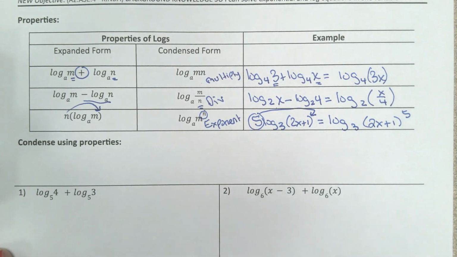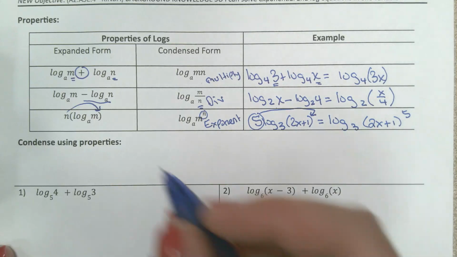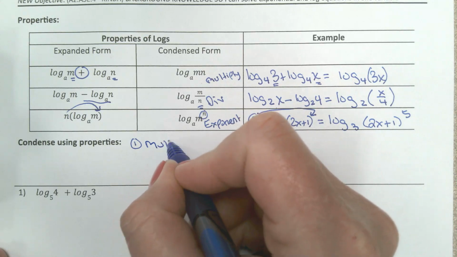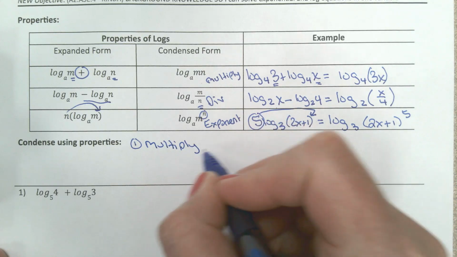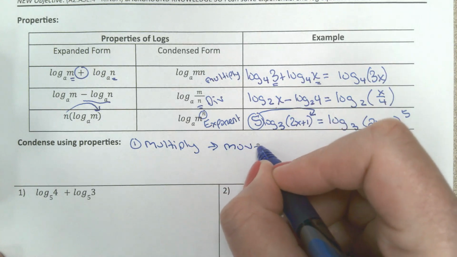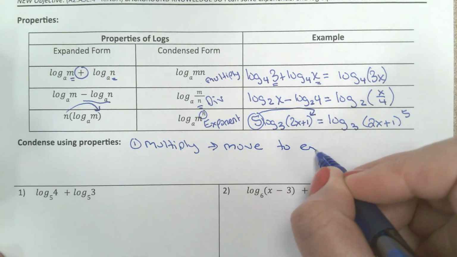So when you condense, you have to figure out what should I do first. If you see any multiplication, you should always do that first. And that means you're going to move it to the exponent.